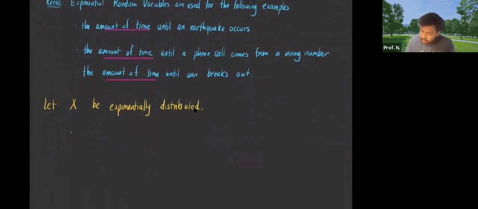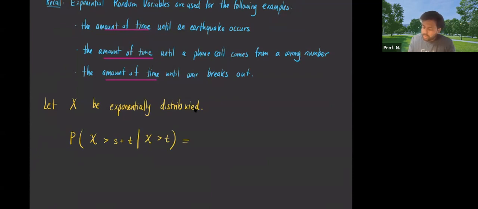If I want to find the probability that my x is bigger than s plus t, given that x is bigger than t, what does this mean?